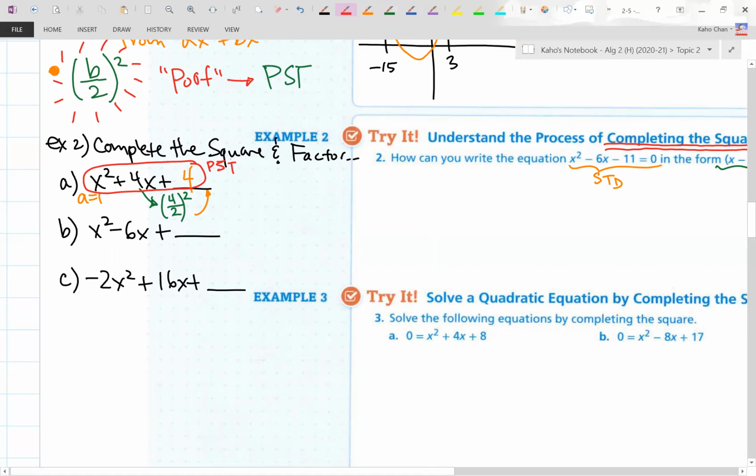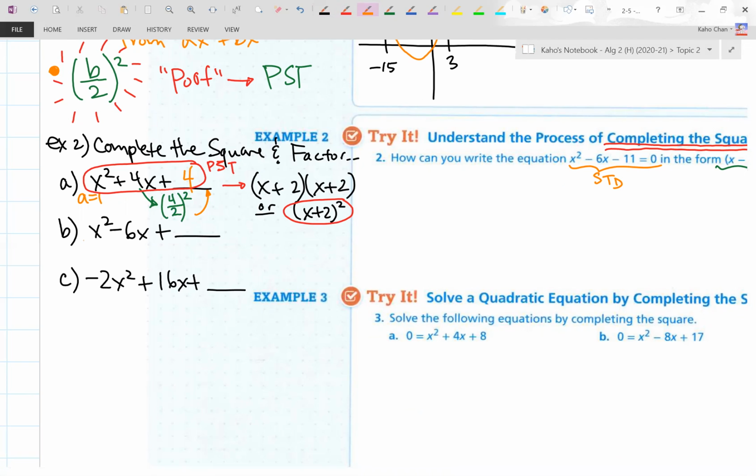And for additional work here, we might as well practice factoring. That's very easy to do. This is just x plus, square root of 4 is 2, and there it is, x plus 2 times x plus 2, or simply x plus 2 squared. All right, that's factored.